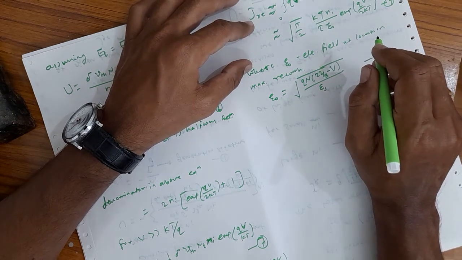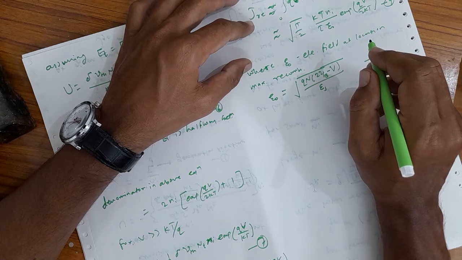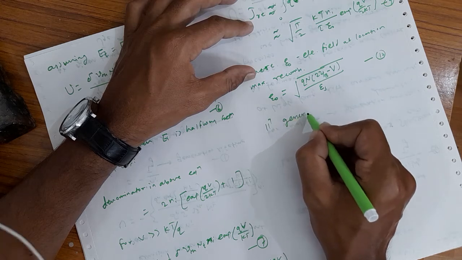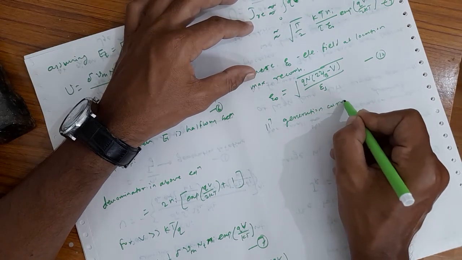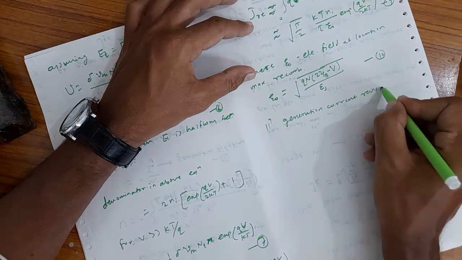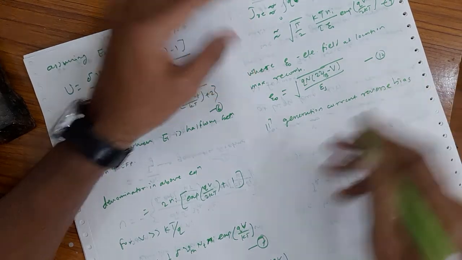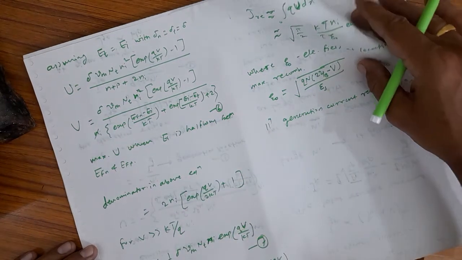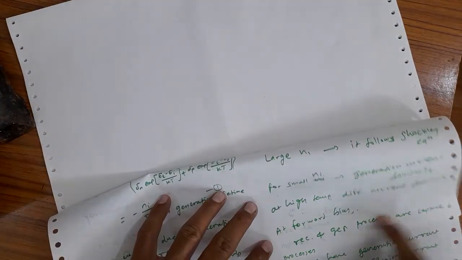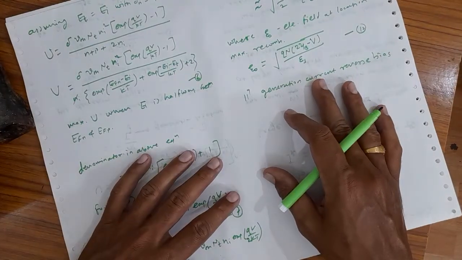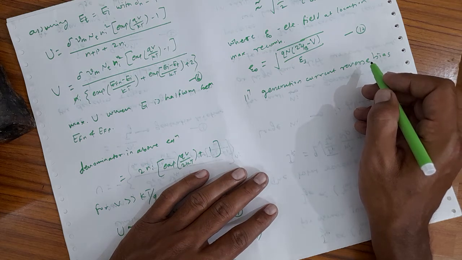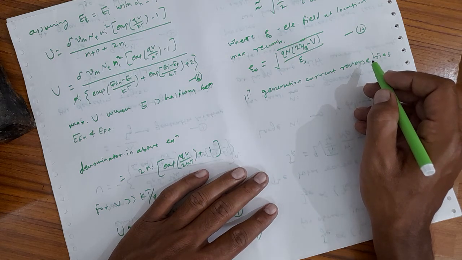Similarly, we can get the generation current in reverse bias, because we have seen the forward bias case, where we calculated the current. The recombination current in forward bias is proportional to ni.